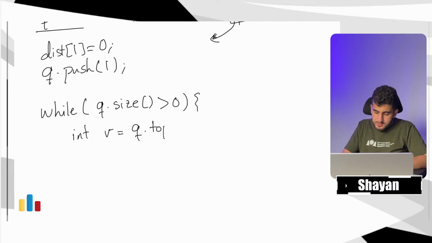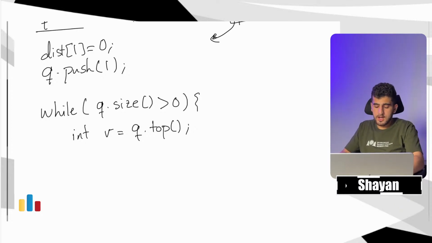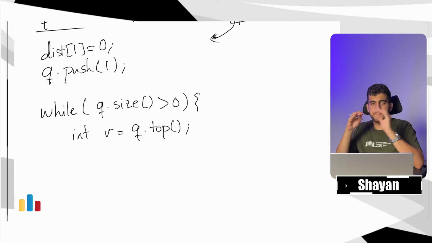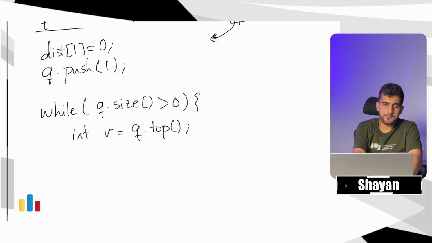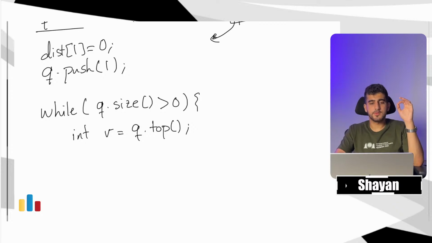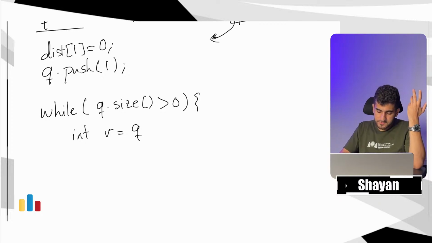So v is equal to queue.top, and then I can just say that it's like the first person in the queue, and I want to handle its work. I'm sorry, I used top but I was wrong. I just searched it to make sure, since top is the word for stack. It's queue.front, sorry.